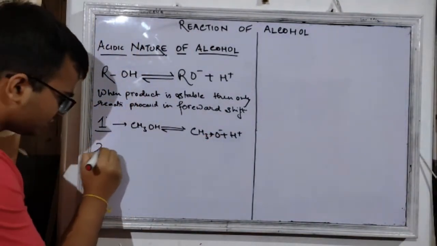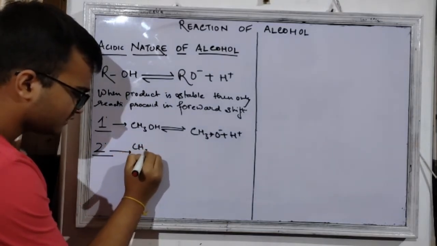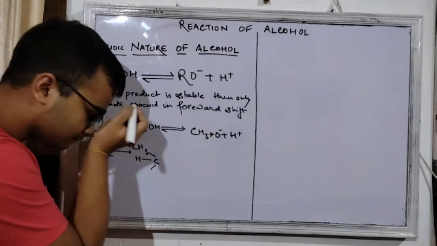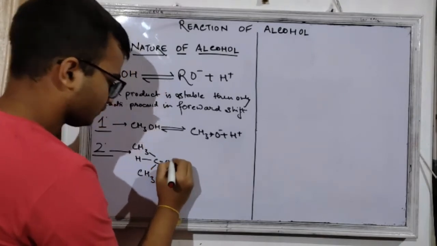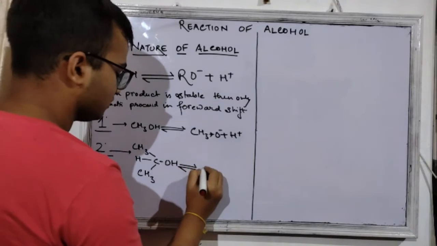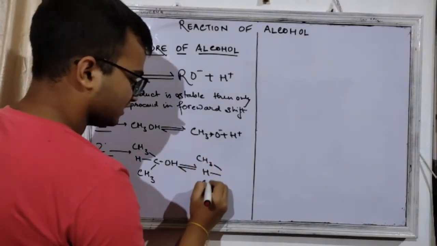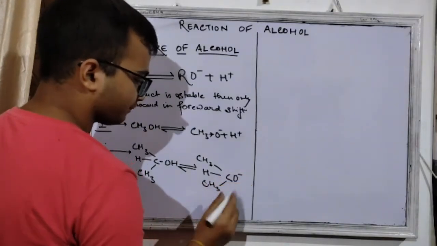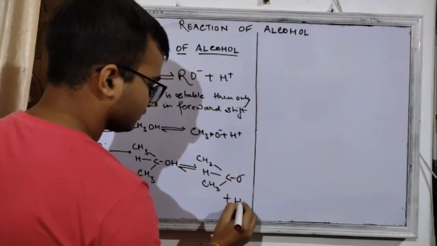And if you see the 2 degree alcohol, it will be CH3, here will be one H, here will be one CH3, here will be OH, and when it will dissociate, it will give out CH3 H CH3 O minus plus H plus, right?